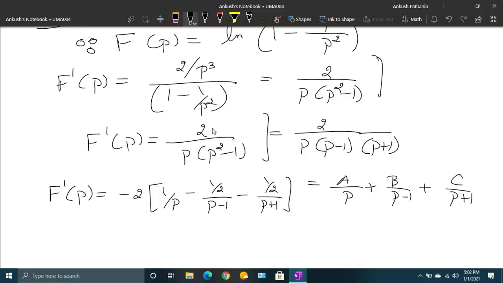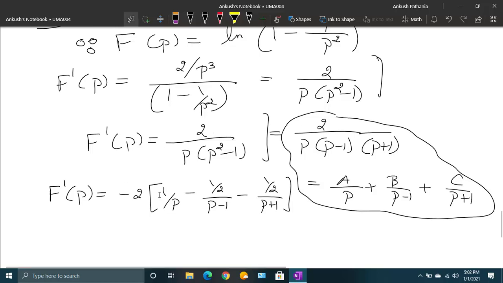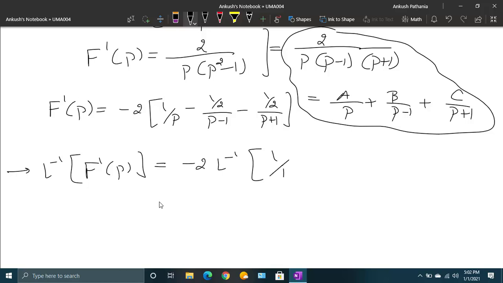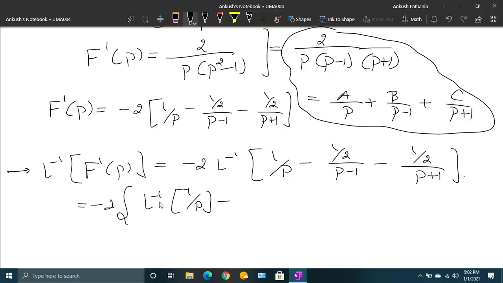Now I can take the Laplace inverse: minus 2 Laplace inverse of 1 by p, minus 1 by 2 Laplace inverse of 1 upon p minus 1, minus 1 by 2 Laplace inverse of 1 upon p plus 1.